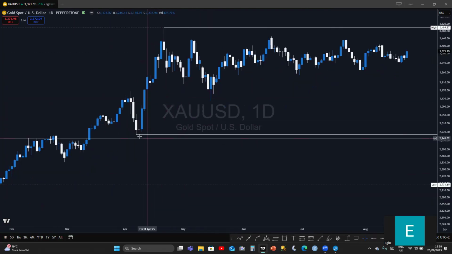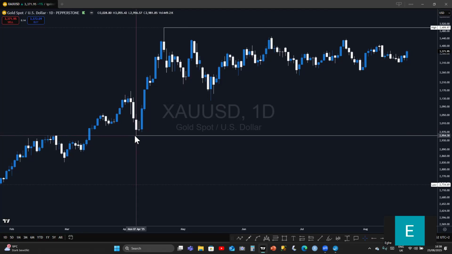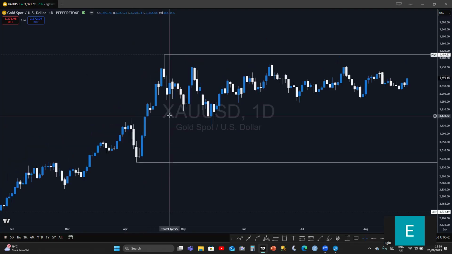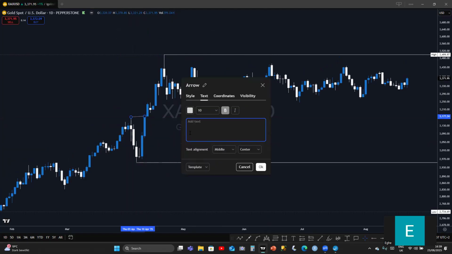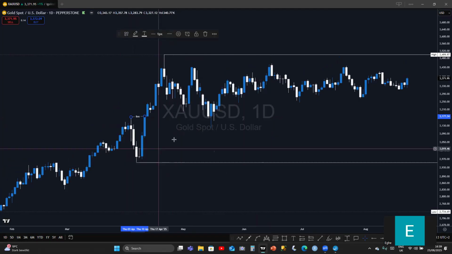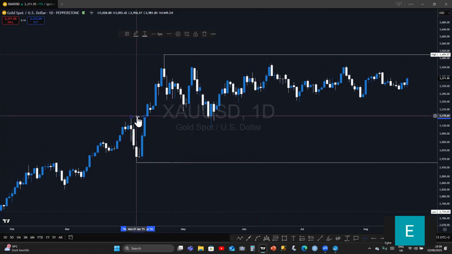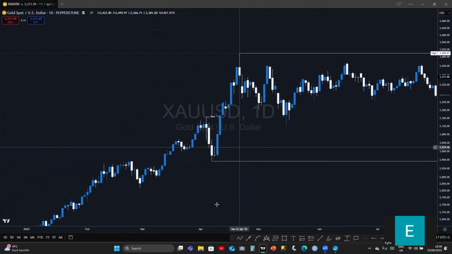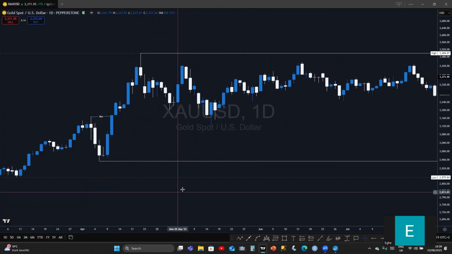All right. Now, this is the support. From here, price took off, breaking this structure. Here we put break of structure, BOS. Anywhere you see BOS, it means break of structure.